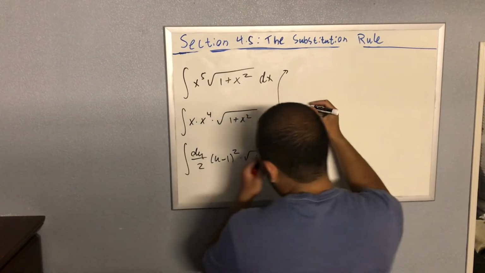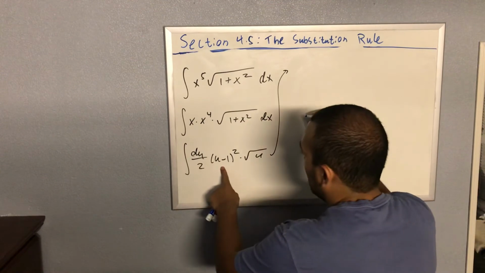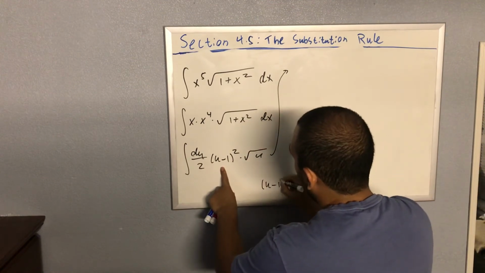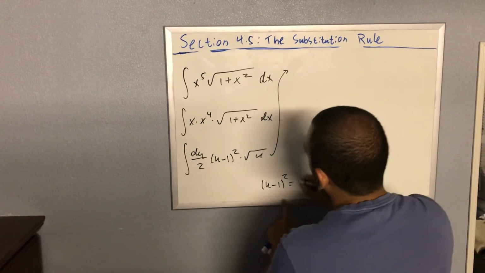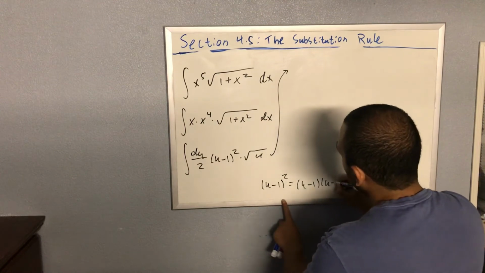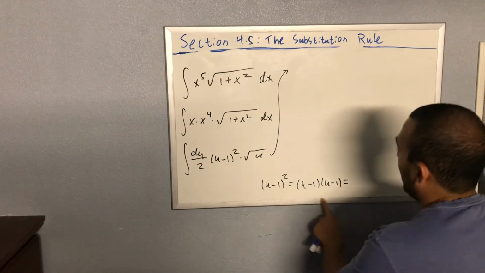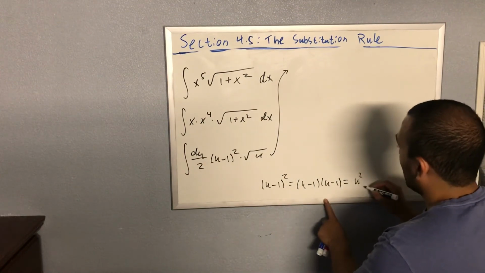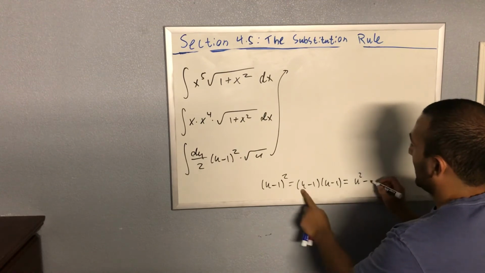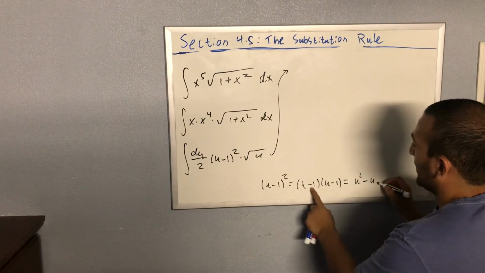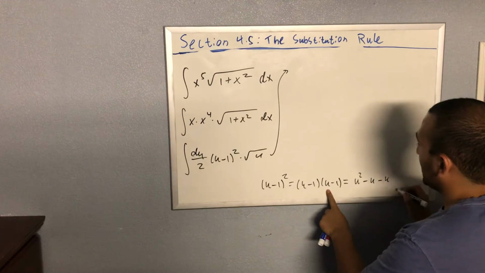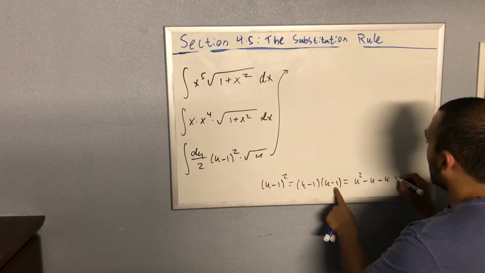Okay, and then what we're going to do is expand this. U minus 1 squared, remember, is just u minus 1 times u minus 1, right? And this is u squared, u times negative 1 is minus u, negative 1 times u is minus u, then negative 1 times negative 1 is plus 1.